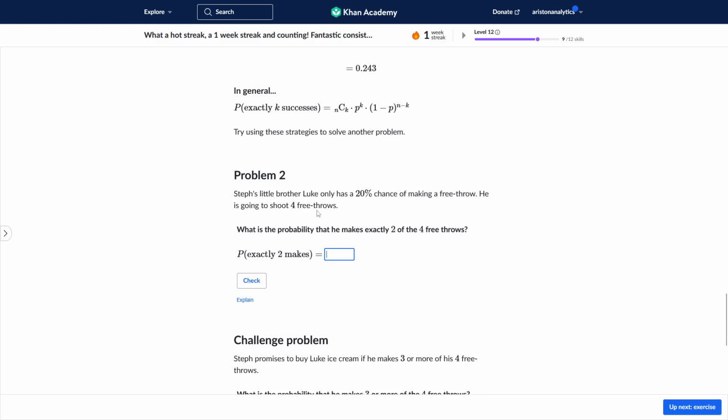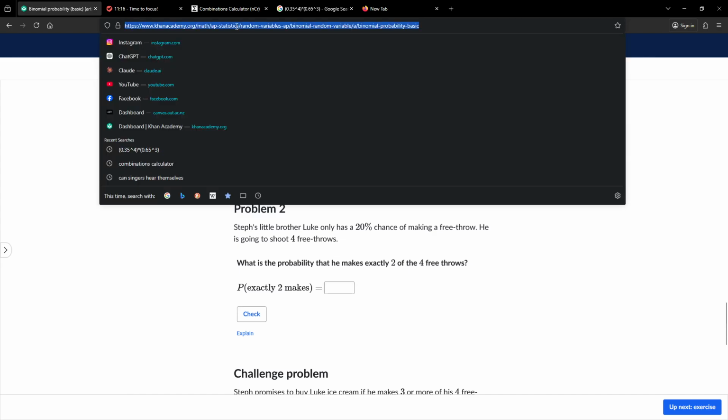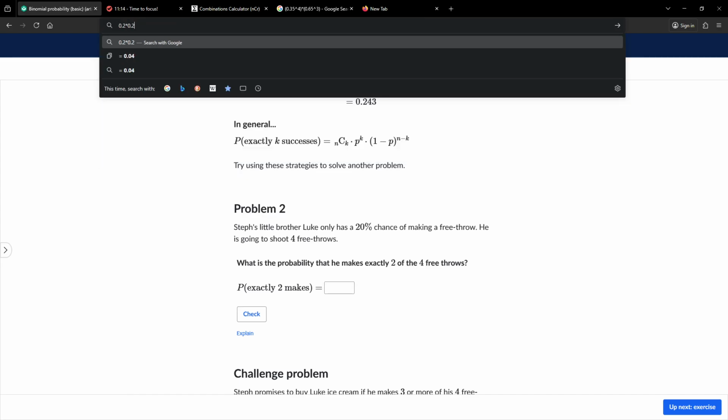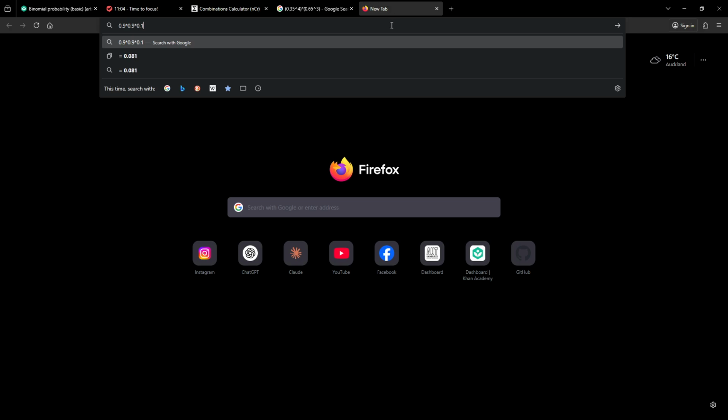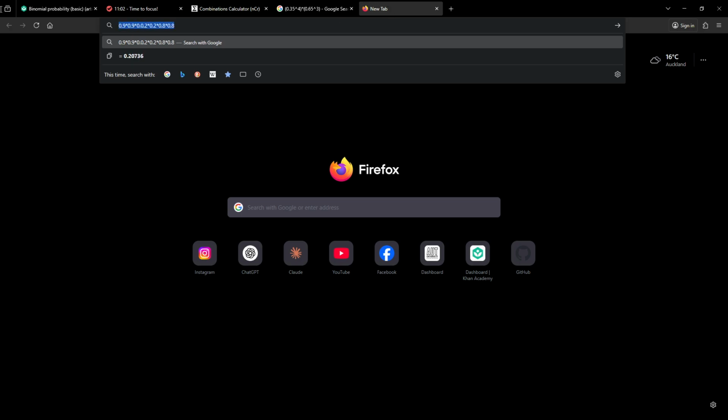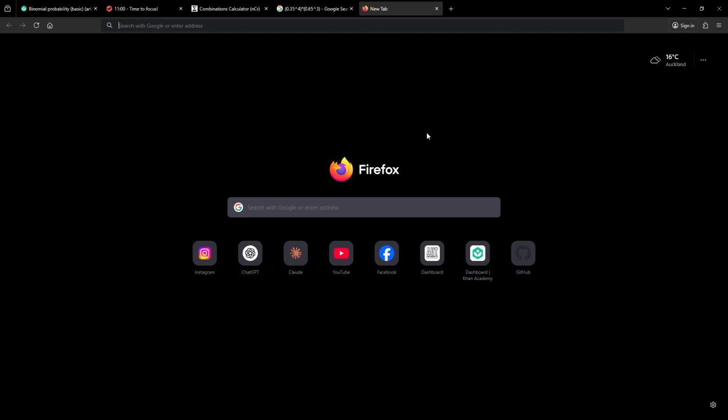20% chance. I'm going to shoot 4 free throws. So it'd be 0.2 times 0.2, 0.8 times 0.8. Where did it go?